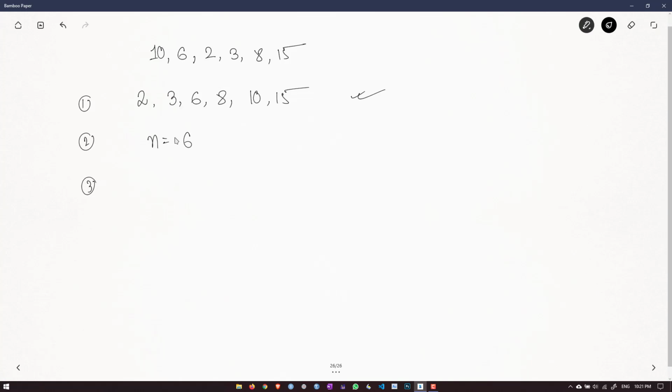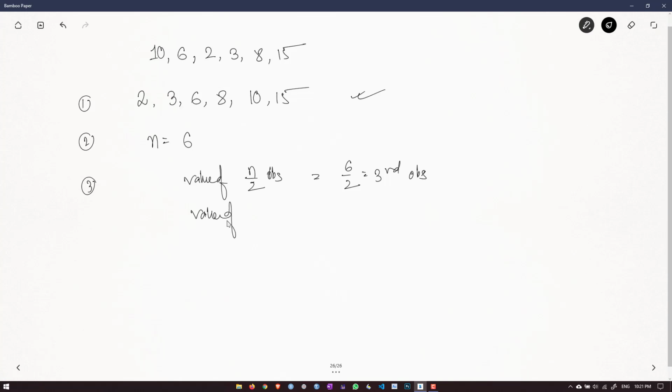Step 3 is, in case of even numbers, you have to find out n by 2. So the value of n by 2 at observation, which means 6 by 2, is the third observation, right?